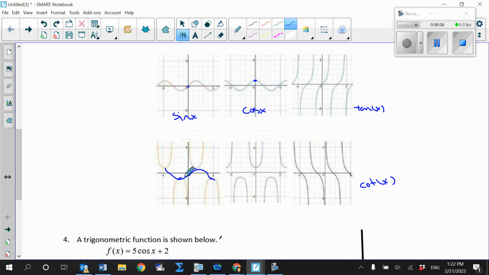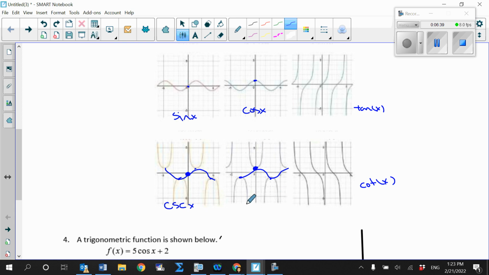So this is because I see a sine function, a sine graph hidden between these graphs. That means this is the reciprocal of sine, which is the cosecant function. And for this one, if I connect the high and the low points, I see that it starts with a high point, and that's a cosine function hidden between these curves.